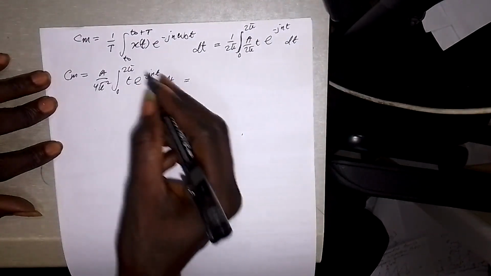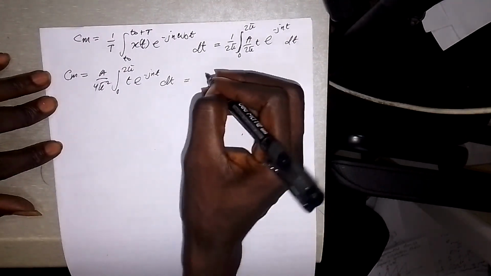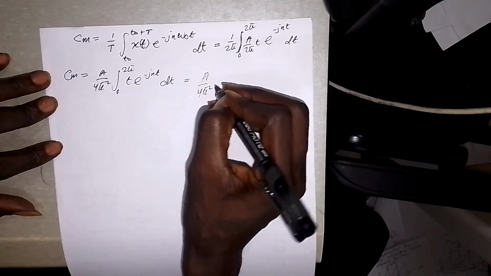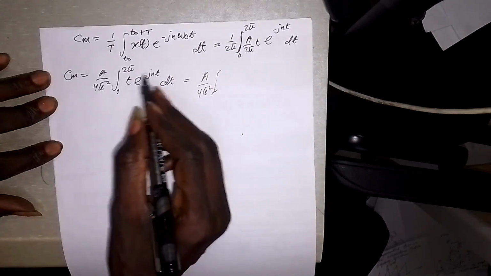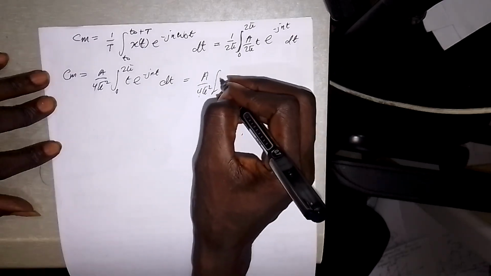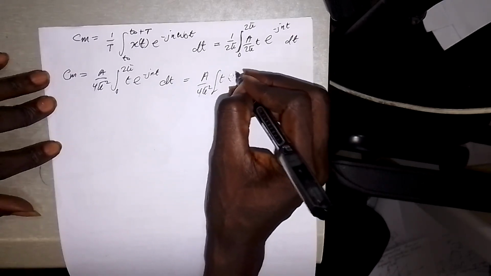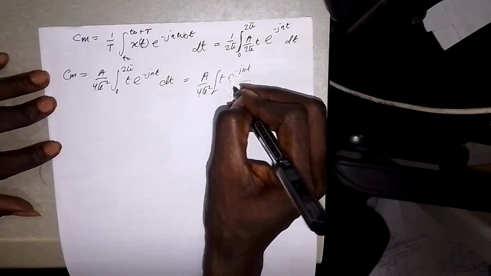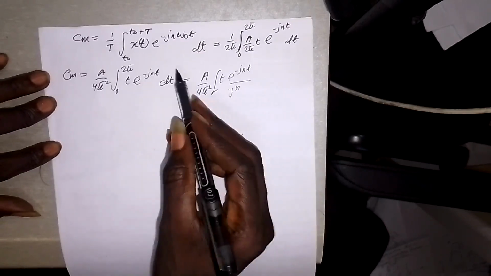Here I can use integration by parts. So I'll have a over 4 pi squared into t, and then I integrate e to the minus j n t, so I'll have t e to the minus j n t over minus j n.